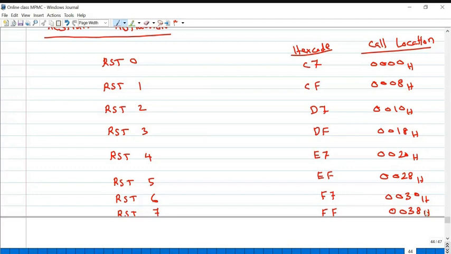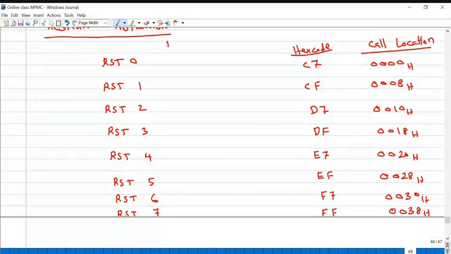Okay. So for each and every RST instruction there is the opcode and the call location. Whenever this particular instruction is executed, the program execution flow transfers to the corresponding memory location.